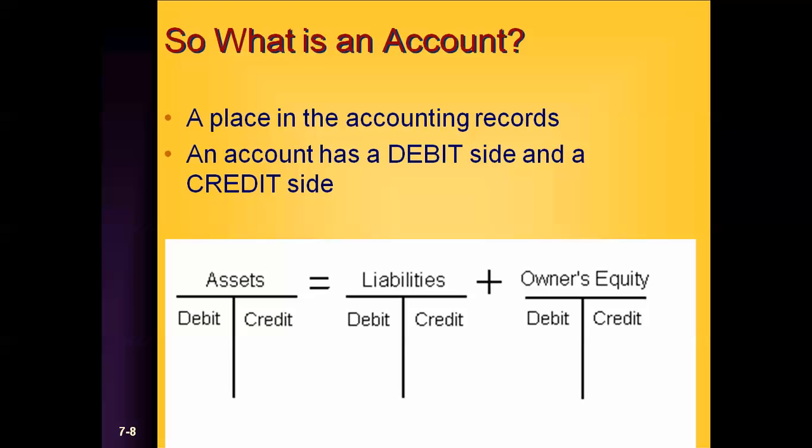All accounts typically have a debit side, as shown here on the graphic, as well as a credit side, and are represented by a T account. So as we see, it doesn't matter if it's an asset, a liability, or an owner's equity account. There's a T account that's present, and there's a debit side of it and a credit side of it.